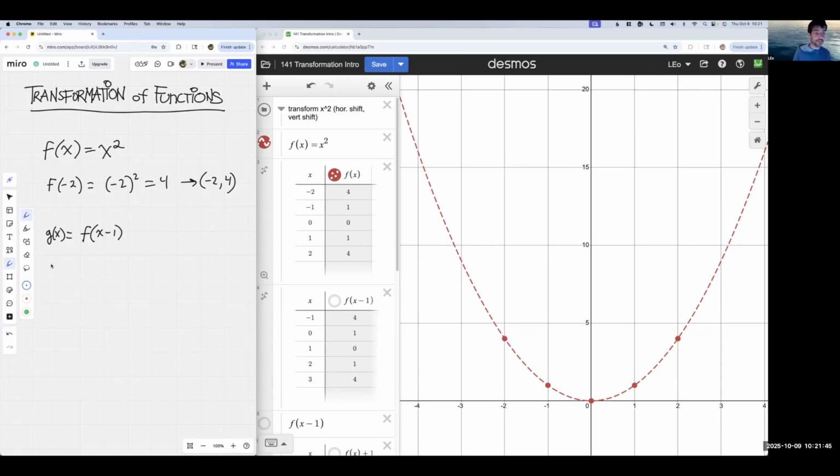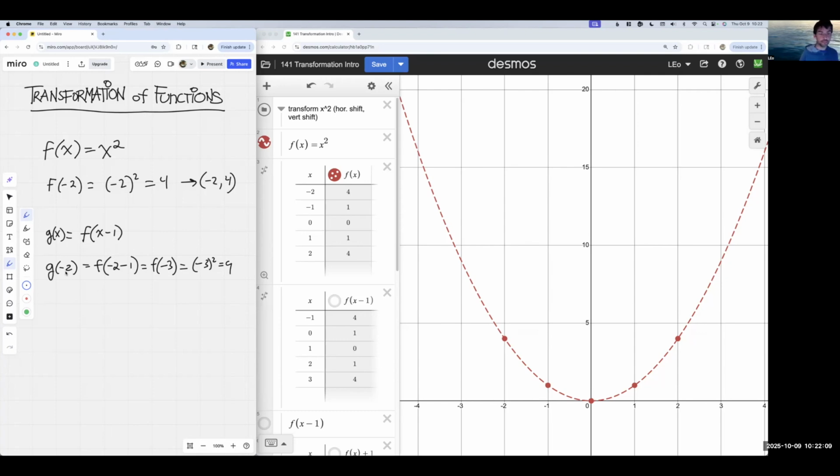So if I do the same thing, g of -2 means f of -2 minus 1, or f of -3, and we are squaring that, so -3 squared gives us 9. Notice the original function, we put in -2, out came 4.